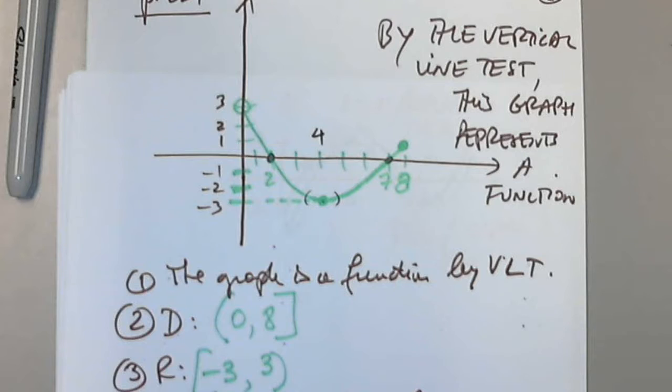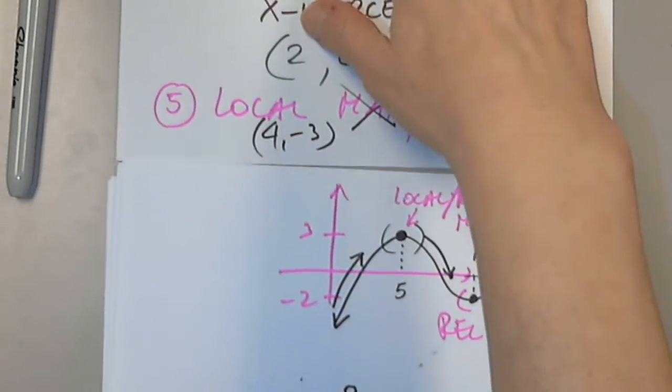So we have to be able to differentiate between these two. When we're asked, where is the minimum? At 4. How much is the minimum? -3. When I say how much, I'm asked about the y coordinate. When I'm asked where, I have to say when x is 4. How much? -3. Okay? Good.